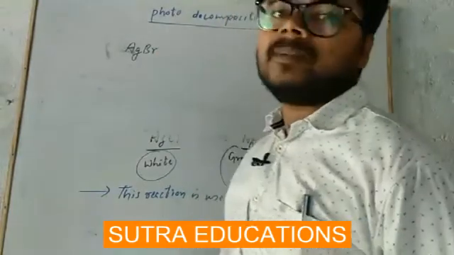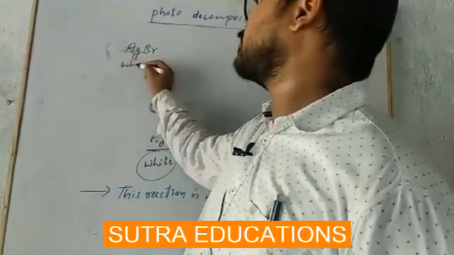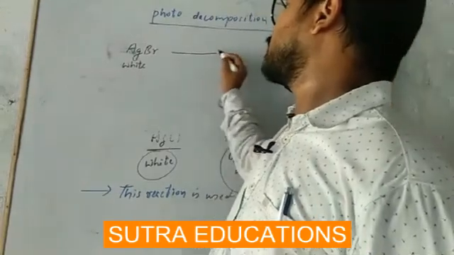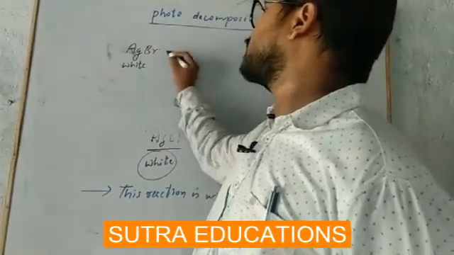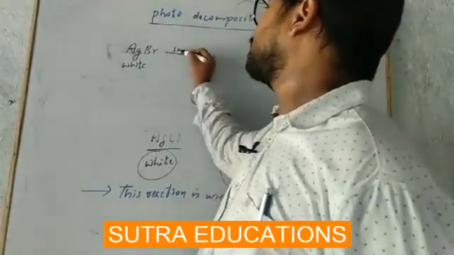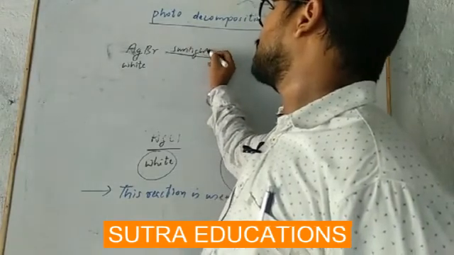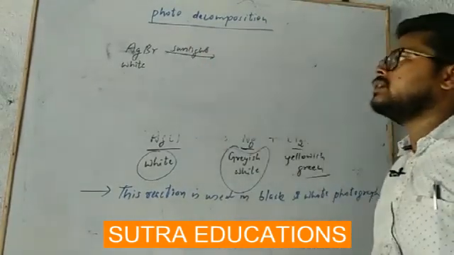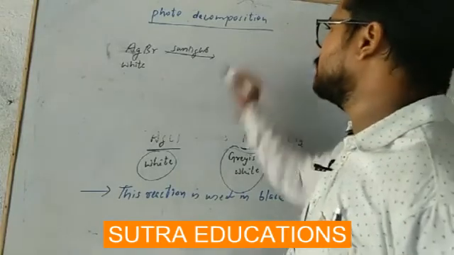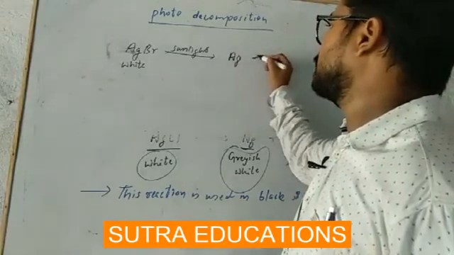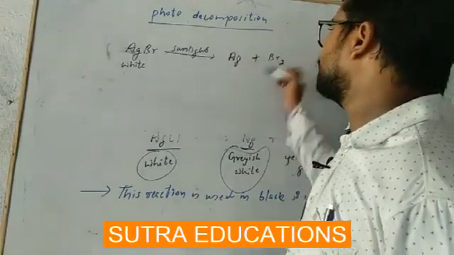The color of AgBr is white, we have discussed. When it is exposed to sunlight, it decomposes into Ag plus bromine gas, Br2.